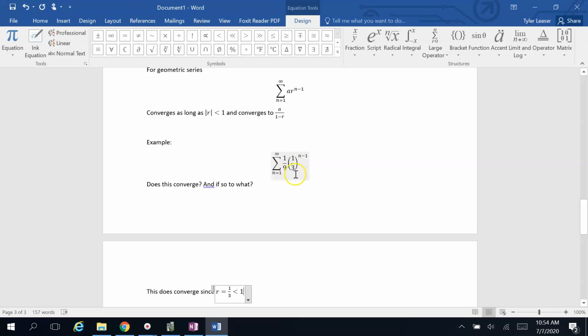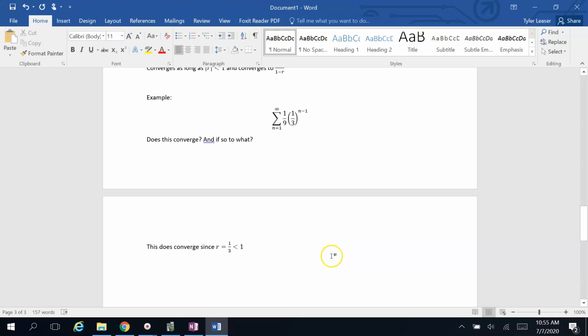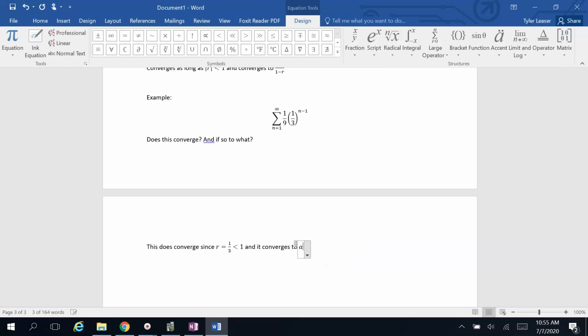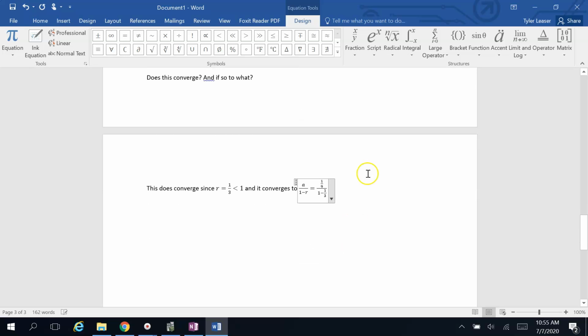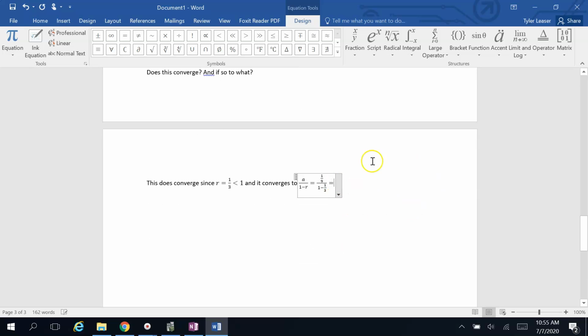Since my r value, the ratio value, is less than 1, that means this geometric series is going to converge. And it converges to, remember, a over 1 minus r, where my a is 1/9 over 1 minus my r, which is 1/3. Sorry, that's kind of small, but you can just plug this in the calculator at this point, or do it in your head.